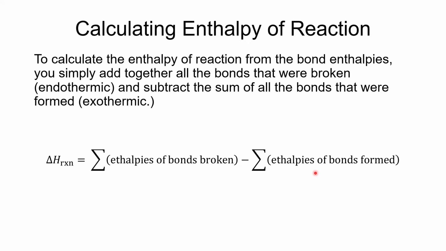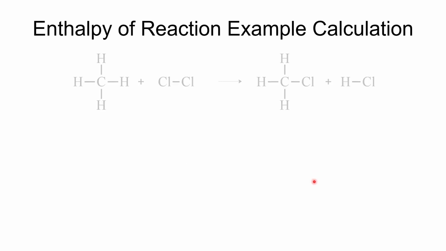As an example of this, we want to look at this particular reaction. Here we have methane reacting with chlorine to give us chloromethane and HCl. The bonds that are broken are a carbon-hydrogen bond and the chlorine-chlorine bond. And the bonds that are formed are the carbon-chlorine bond and the hydrogen-chlorine bond.